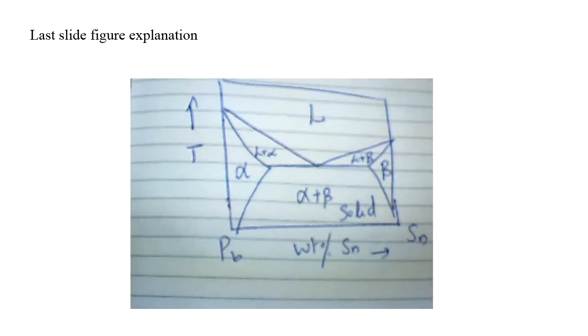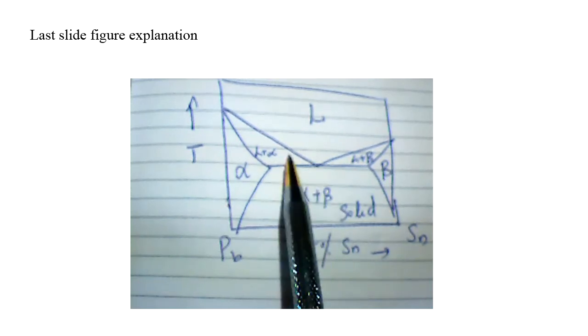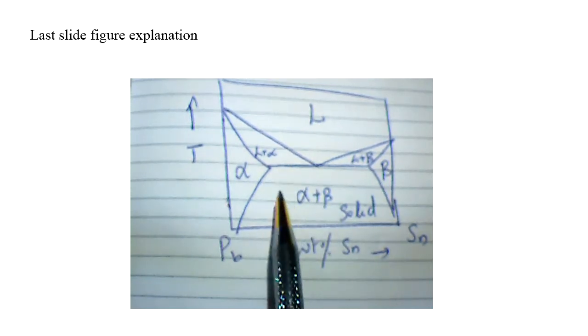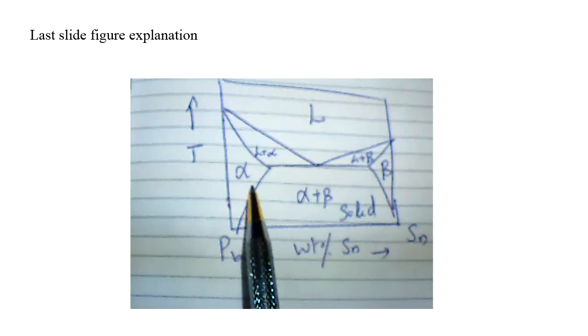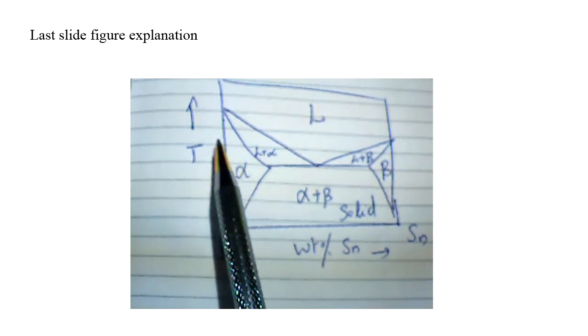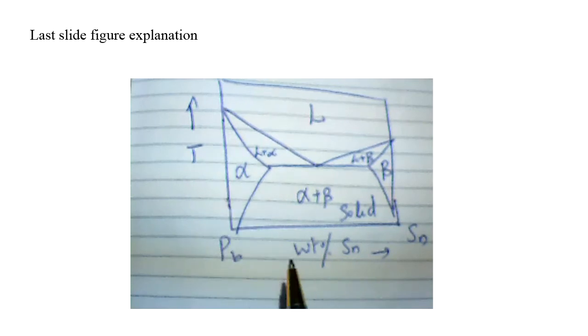In order to make the last slide much clearer, I'll try to explain it once more. So this is the tin lead phase diagram. The y-axis is the temperature, on the x-axis is the composition, and on the left side it is lead and on the right side it is tin, and the weight percentage of tin is drawn along the x direction.